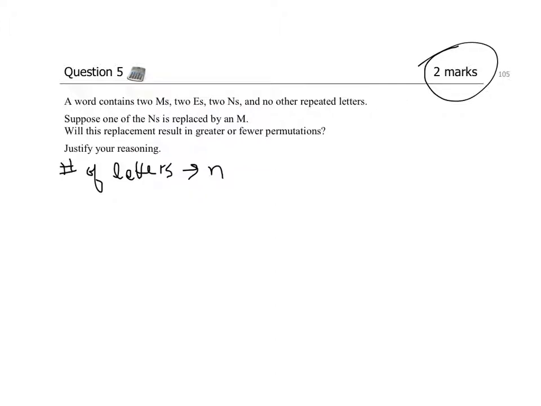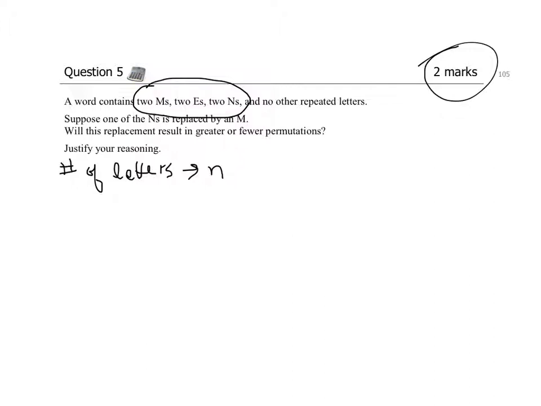And we also know that these are the repeats. So this is actually a repetition type of question. When you do a repetition permutation question, you divide by the factorial of the number of each repeat.